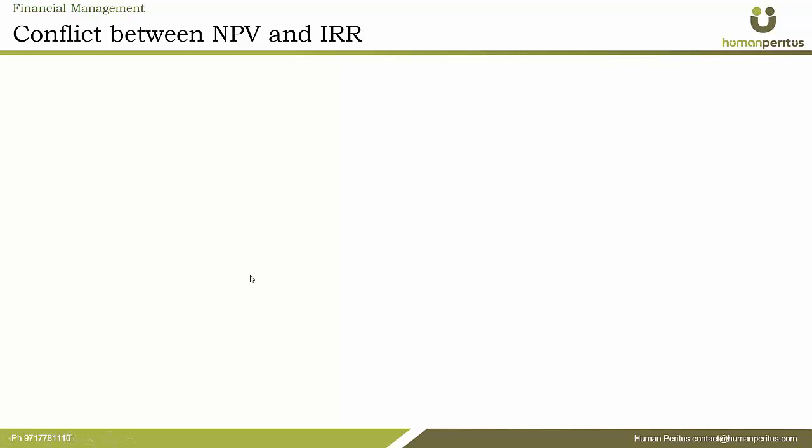So guys, let us understand the reason behind it, why this happens. In the previous class I told you something about the NPV profile. In the NPV profile, on the y axis what do we plot? NPV. And on the x axis what do we plot? On the chat box, everyone, what do we plot on the x axis in case of NPV profile?